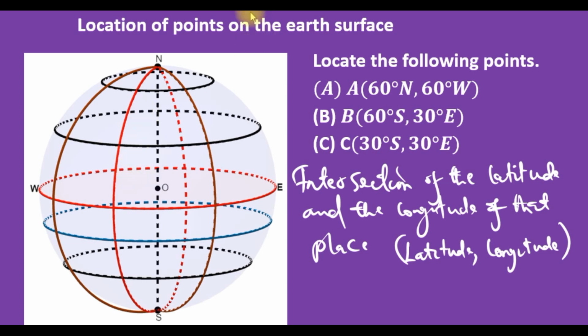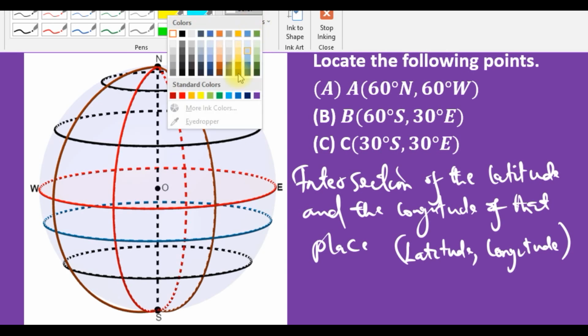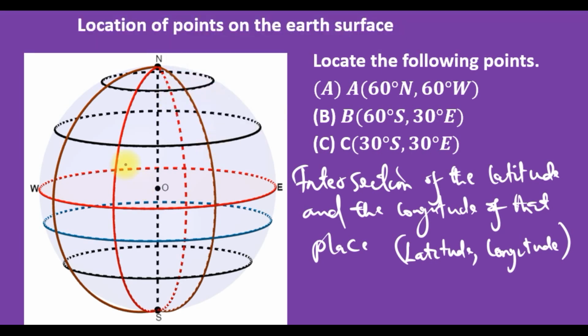So the first one, let me change color. Let's use the first point. They say it's 60 north, 60 west. So the latitude, remember, starts from 0 towards north, so 60. So let me take this as 60. So we've located 60 north, because it's either north or south.